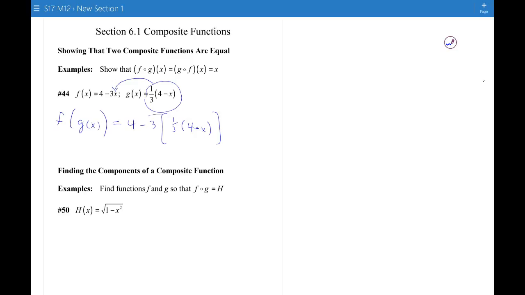So you can see you're going to have 3 times a third. That's going to be 1. So you're going to have 4 minus x, which is 4 minus 4 plus x when I distribute the negative, which is x. Yay!